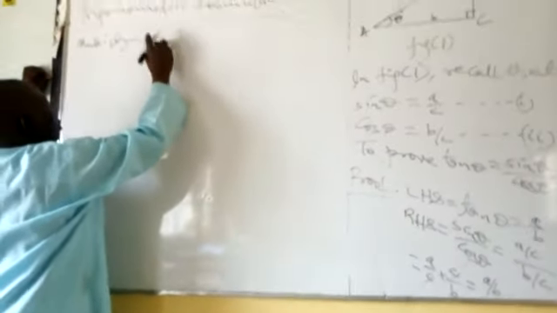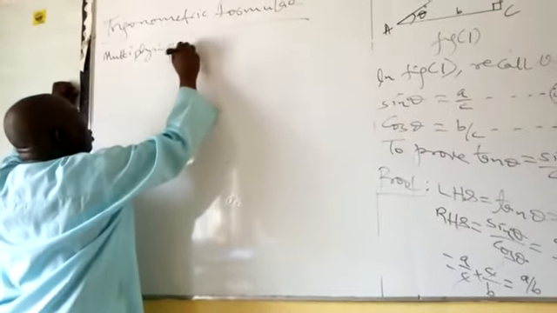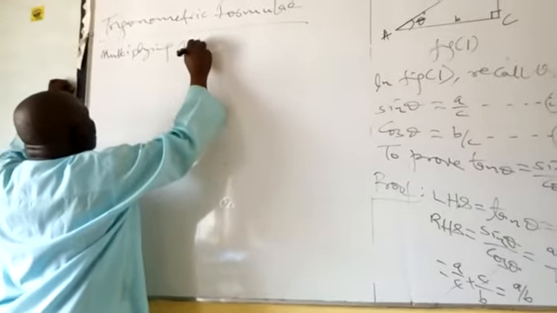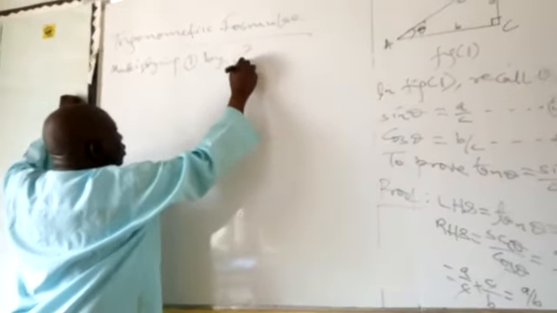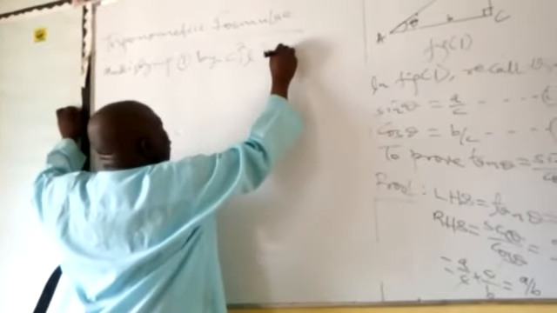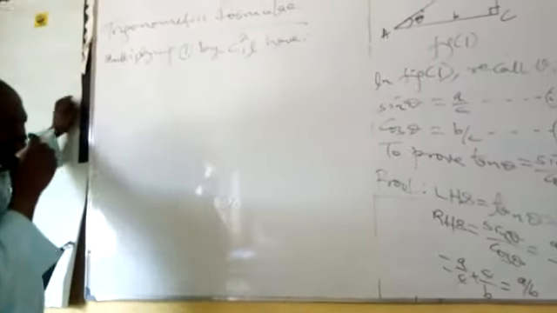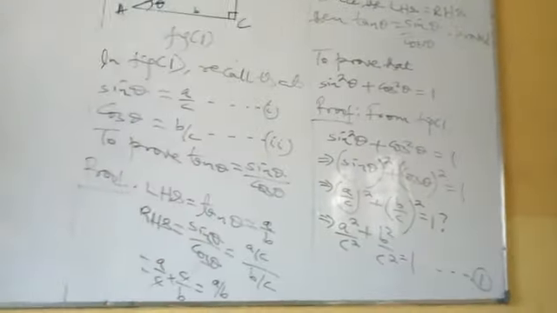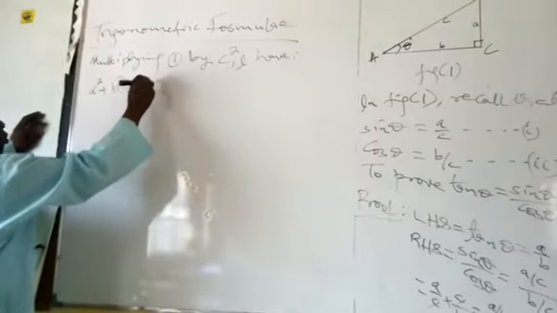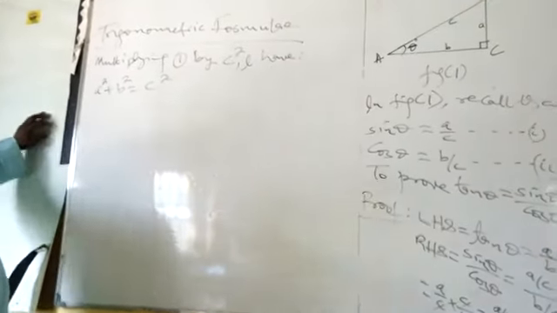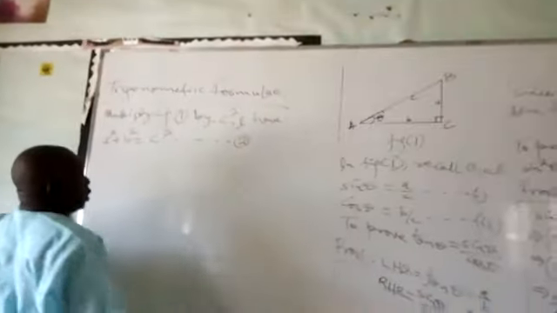Multiplying equation 1 by C square, I'm going to have A square plus B square is equal to C square. That is equation 2.